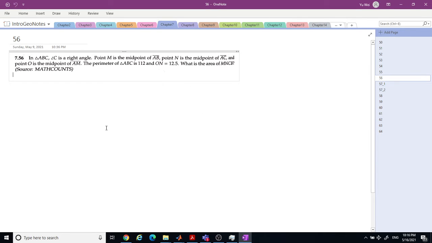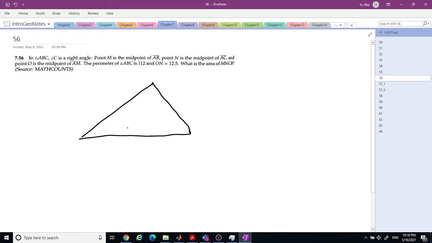So next. In triangle ABC, C is the right angle, M is the midpoint of AB, N is the midpoint of AC, and the point O is the midpoint of AM.